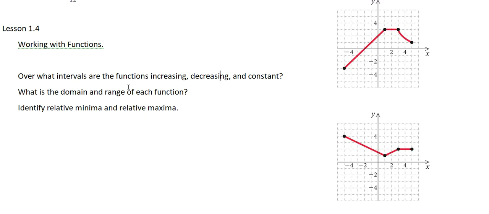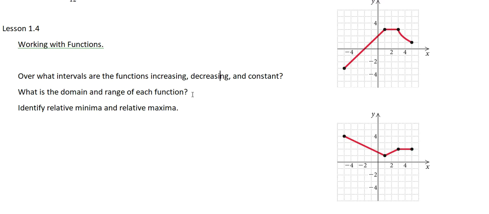Okay, what is the domain and range of each function? Okay, let's define what the domain and range are. Okay, so if we think of a function as sort of a black box, we hand it a number, we turn a crank, and it hands us a number back. What we put in, the input, is called the domain. The range is what we get out.